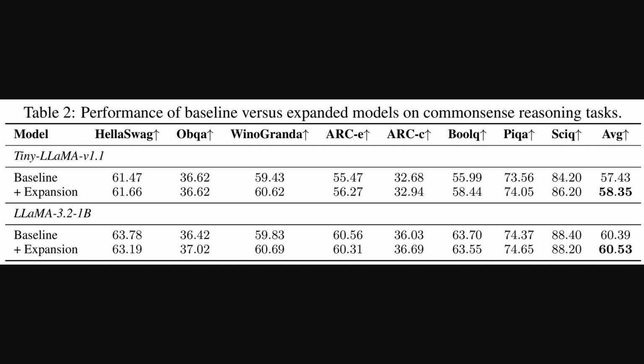For Tiny LLAMA, it jumps from 57.43 to 58.35, and for Llama 3.2 1B, it goes from 60.39 to 60.53. This demonstrates the ability to improve models without retraining everything.